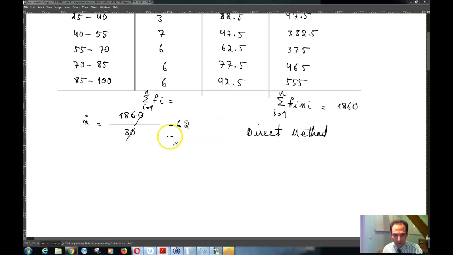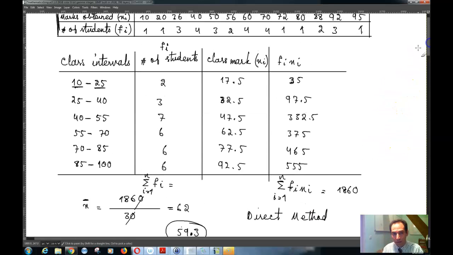So 59.3 was the actual value of the average of all of those numbers, while the direct method is basically writing all of the data in the form of these classes.